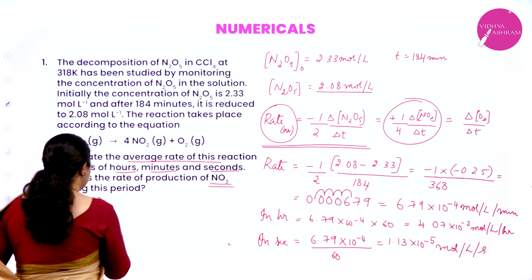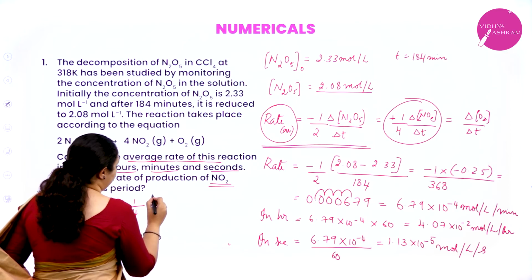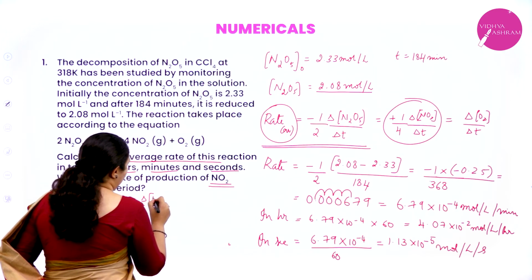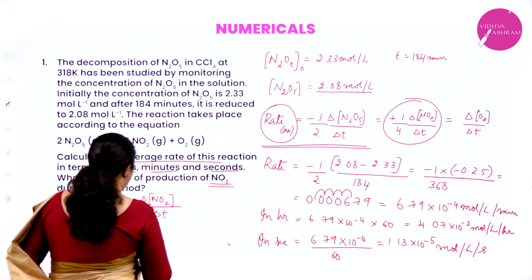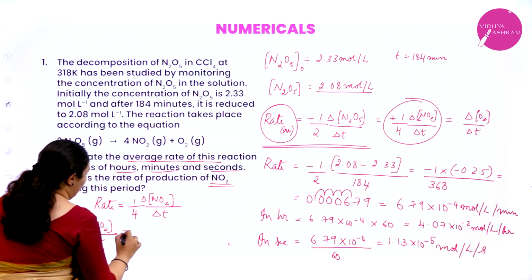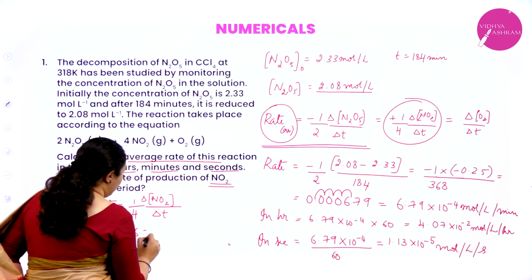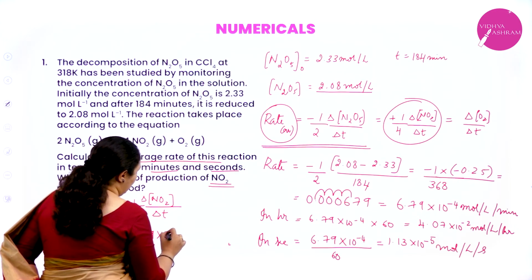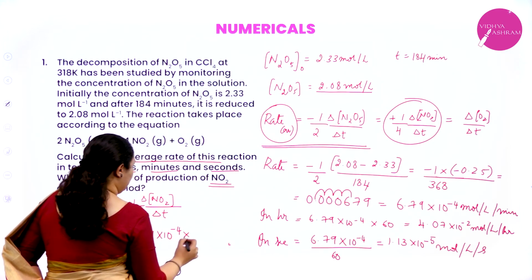So I'll write it as rate is equal to 1 by 4 delta NO2 by delta T. So delta NO2 by delta T will be equal to 4 times the rate. What is the rate in minutes? I've got 6.79 into 10 to the power minus 4, into 4.